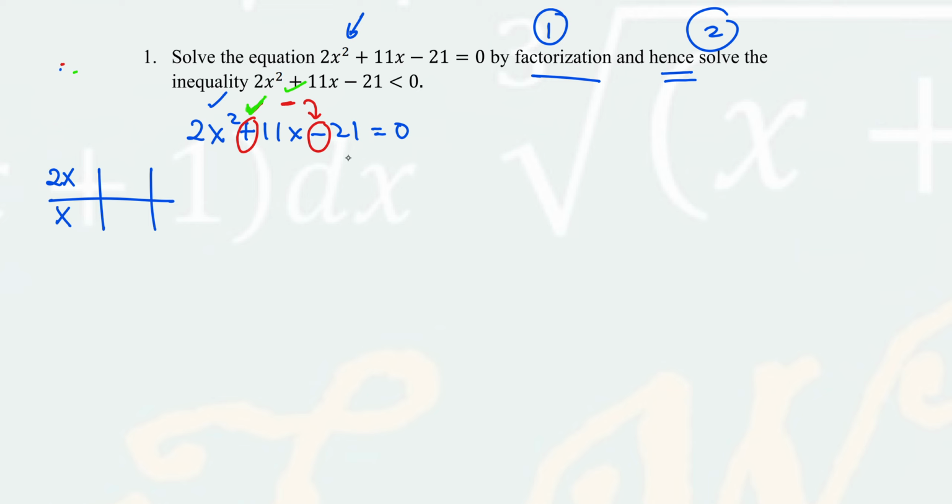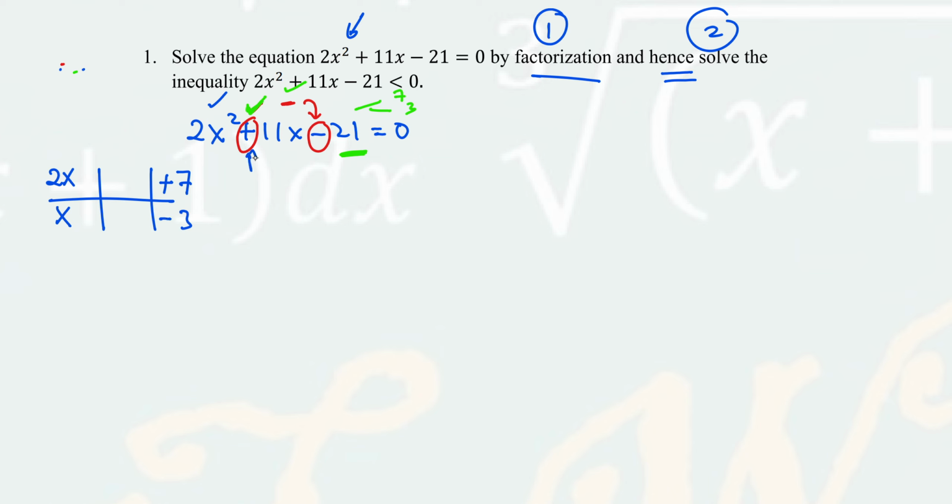Now you check what are the factors of 21. I will say that 21 is probably 7 times 3. Therefore I will have to write either 7, 3, one plus, one minus. You have to check now.